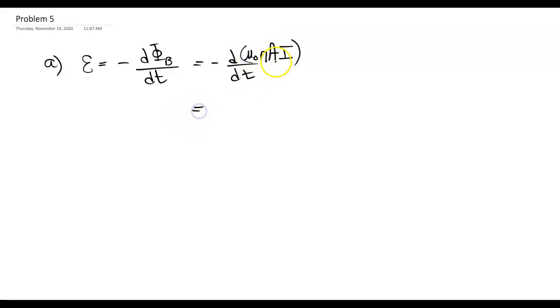And keeping in mind that the first three terms, mu naught, n, and A, are constant, this becomes mu naught n A di/dt, or the change in current with respect to time. And these values are now all known.